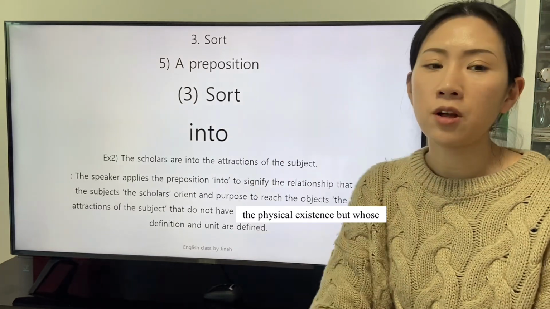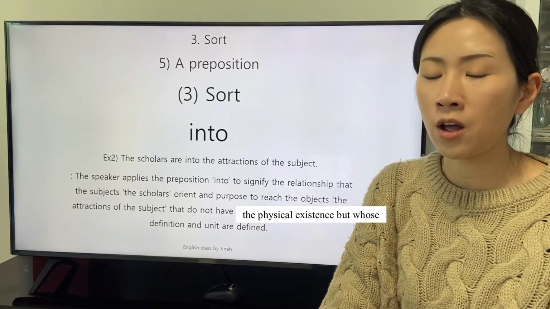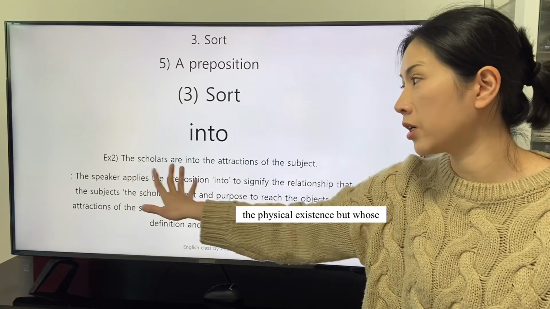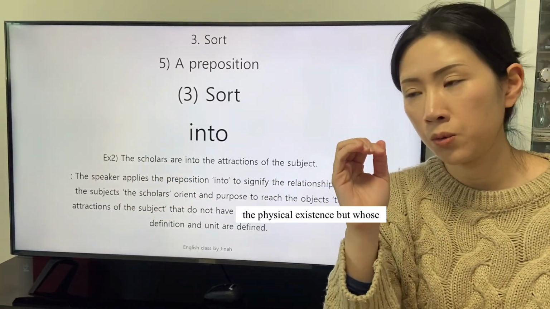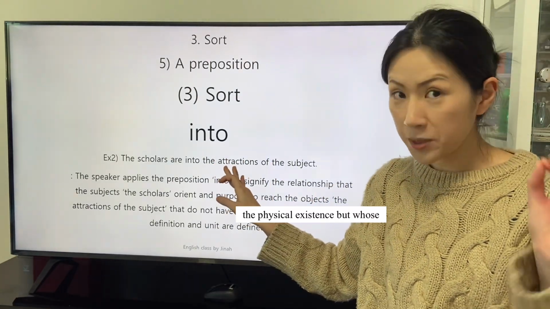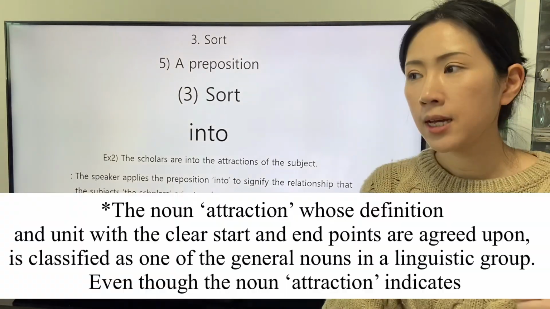There is another clause: the scholars are into the attractions of the subject. The subject of the preposition into purposes the existence of the object, the attractions of the subject.